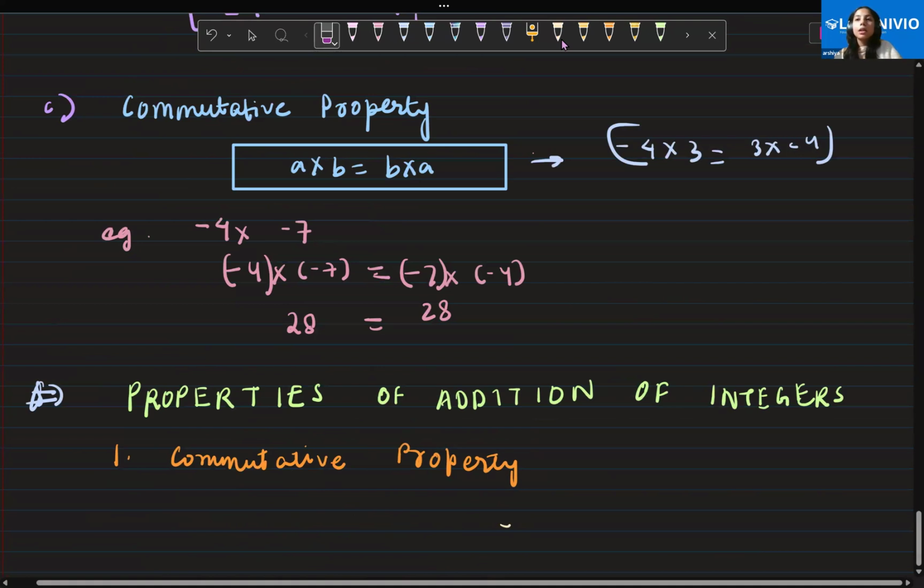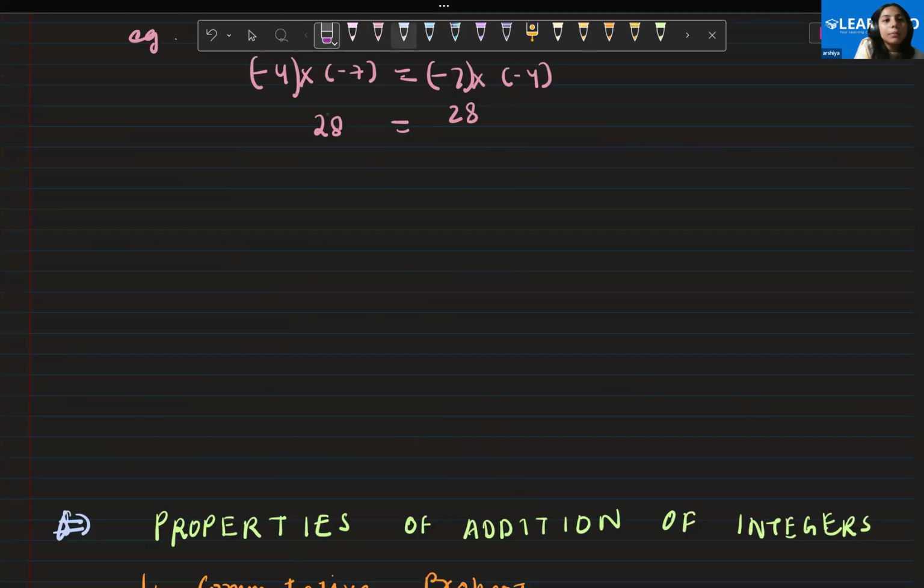So what happens when we multiply with 0? Ma'am, the answer would be 0. Correct. When you multiply with 0, the answer is 0, and that is actually a property for multiplication. So write one more thing.